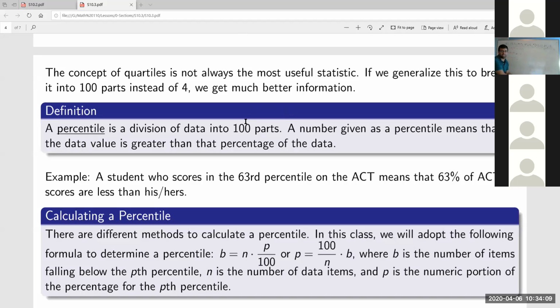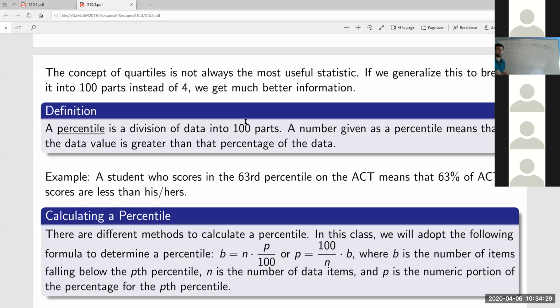So if we generalize this same idea and break it into 100 parts instead of just 4, we get much better information. So a percentile is a division of data into 100 parts.